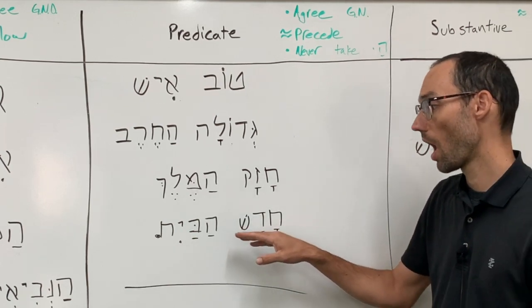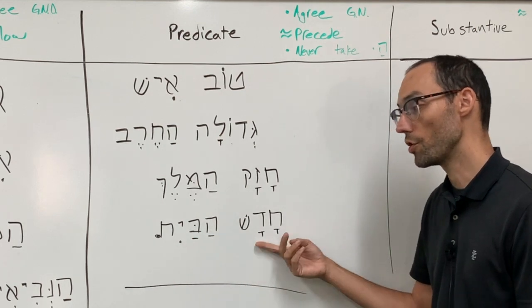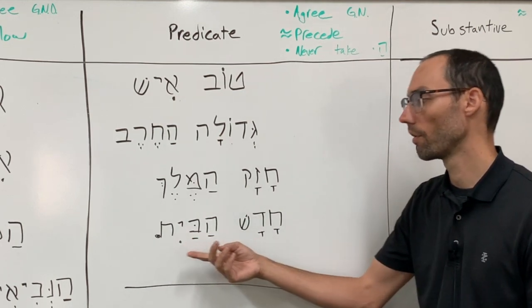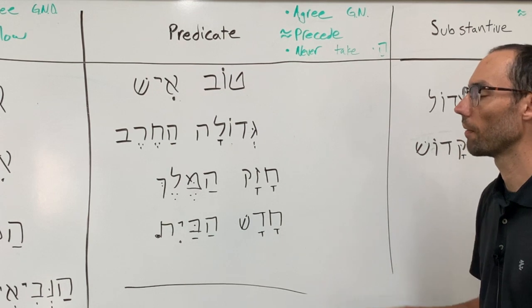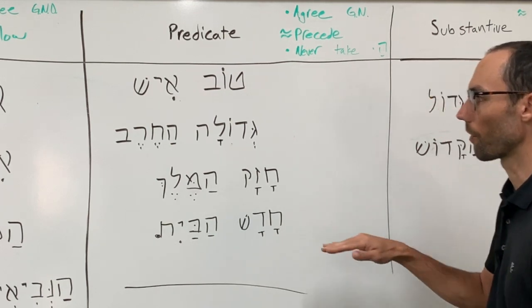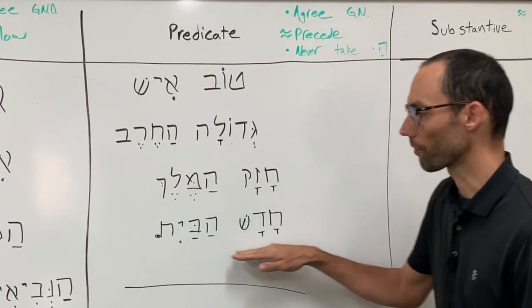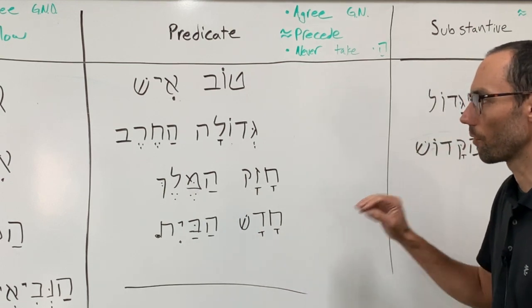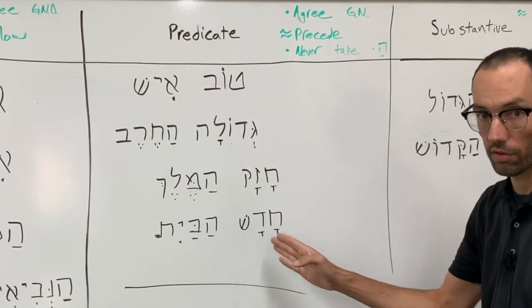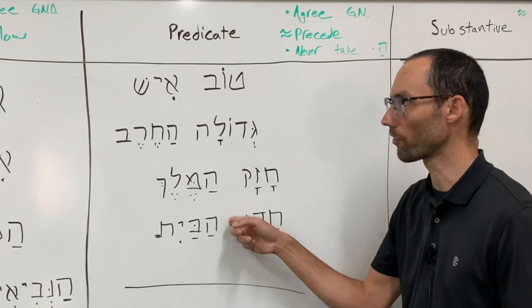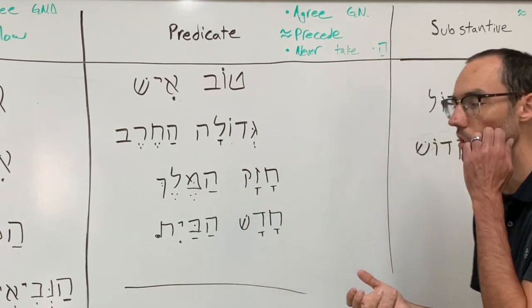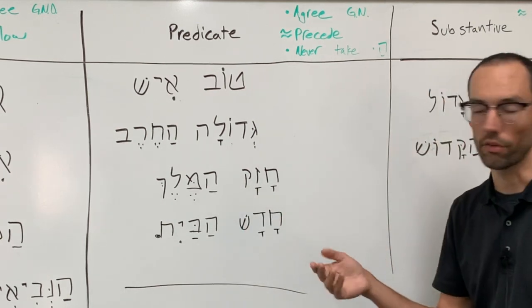Chadash habayit. New is the house. So it's very important to preserve that order, and when it's in predicate position, if you see the adjective come first, you know that it's going to put an is, typically an is in there.